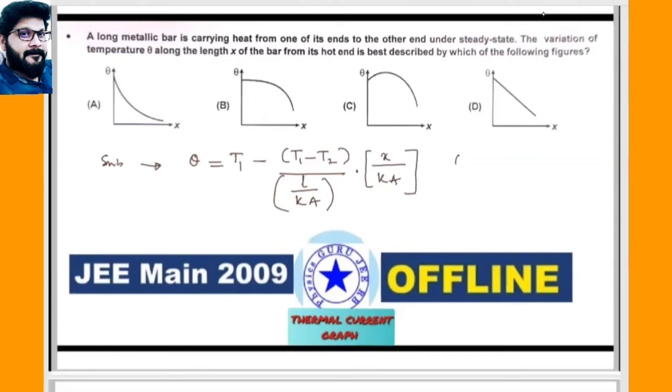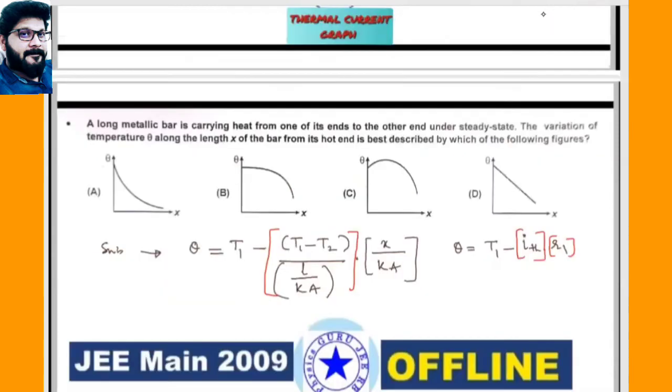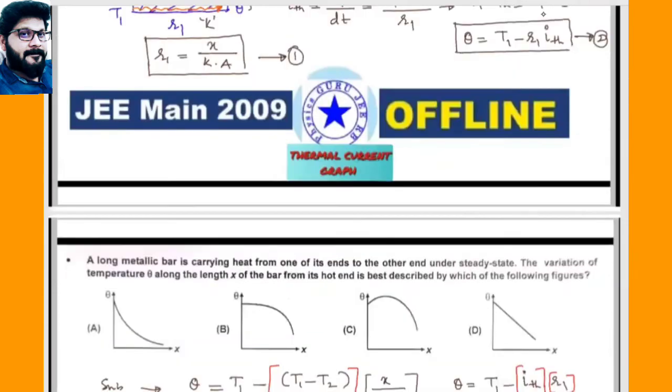Now theta equals T1 minus thermal current into R1. Here the thermal current is T1 minus T2 divided by L by K into A, and R1 is the thermal resistance for the part of the rod, so R1 is x, simply substituted.